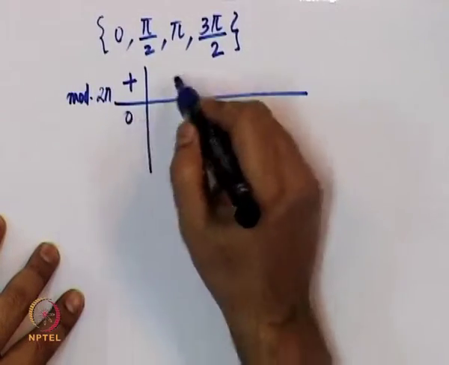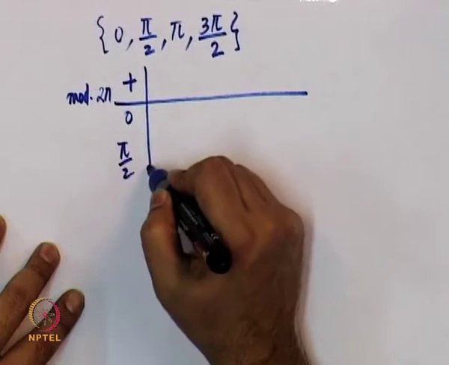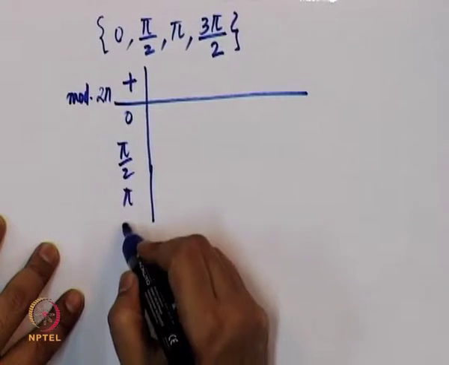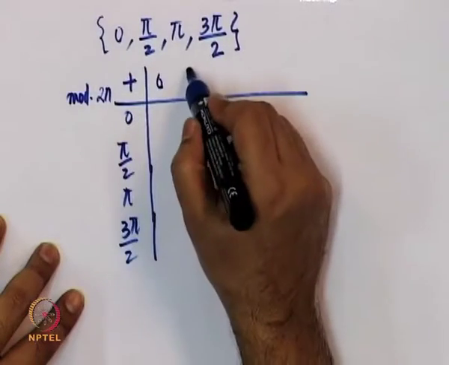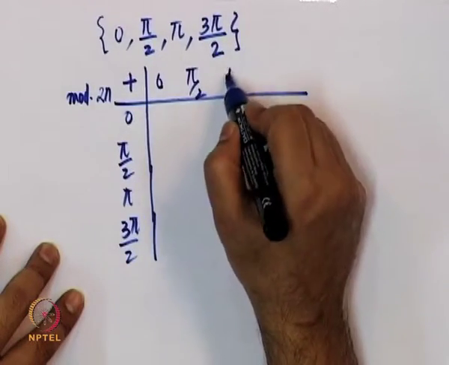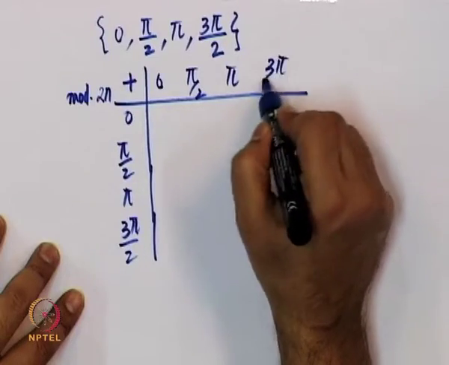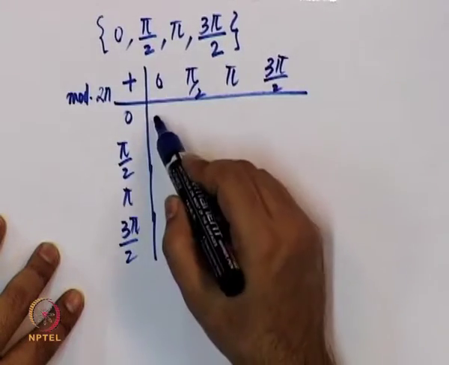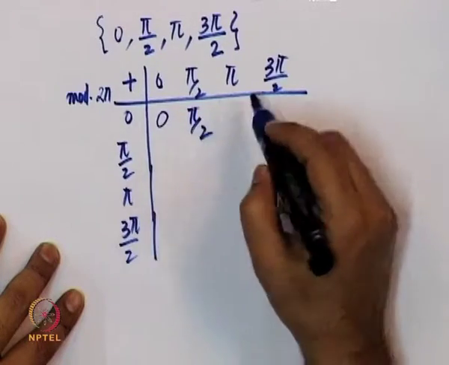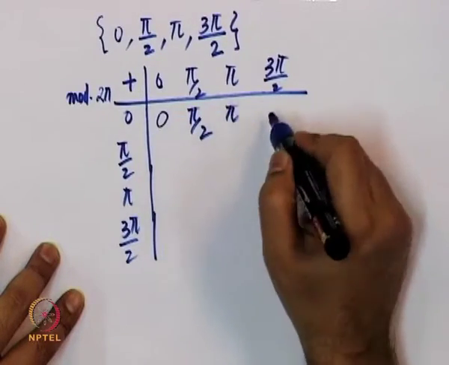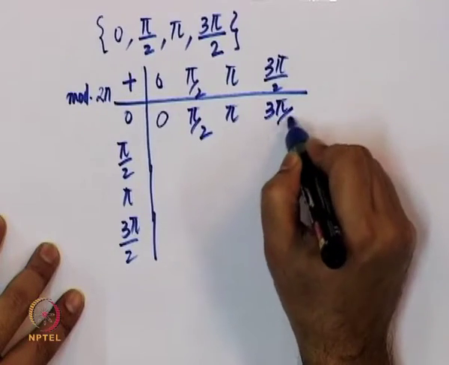So, 0, pi by 2, pi and 3 pi by 2 along the rows, and 0, pi by 2, pi and 3 pi by 2 along the columns. So, 0 plus 0 will give 0, 0 plus pi by 2 will give me pi by 2, 0 plus pi will give me pi, and this is 3 pi by 2.